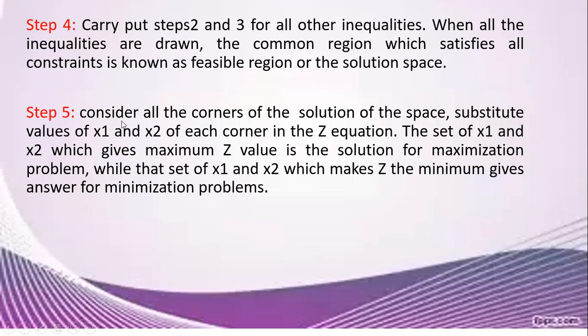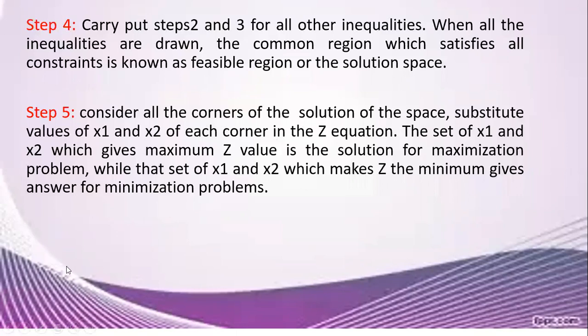Step 5, in the feasible region, consider all the corners of the solution space. Substitute the values of x1 and x2 of each corner in the z equation, the objective function.